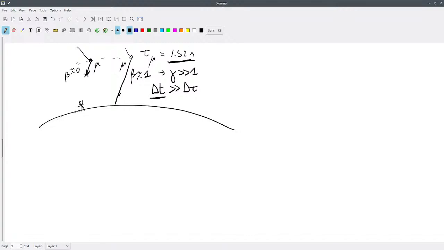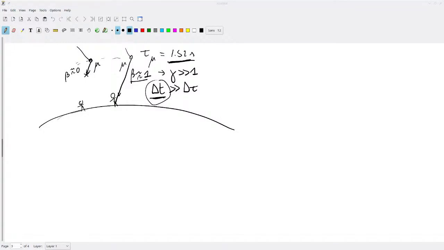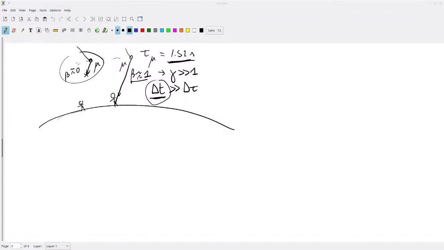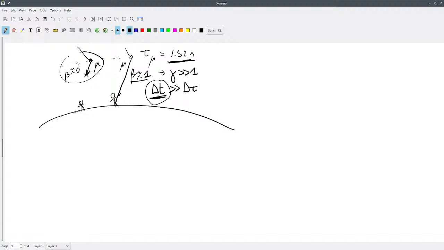But to the observer on the Earth, it will actually be moving for a different time, and that time will cause that muon to actually be able to reach the surface of the Earth. So we actually can see high energy, high velocity muons reaching the surface of the Earth, where low velocity muons don't reach the surface of the Earth, and that's caused again by the fact that our times, as we observe them, are actually longer without changing the time in the frame of reference of the muon, which is the time that sets the time scale for the muon to decay.